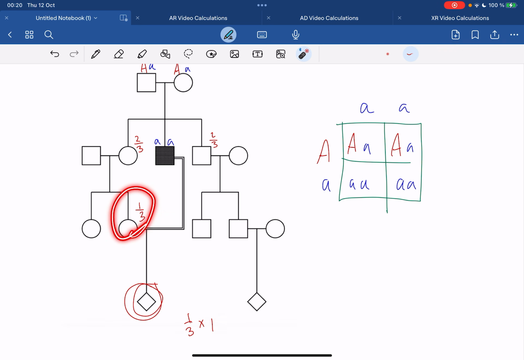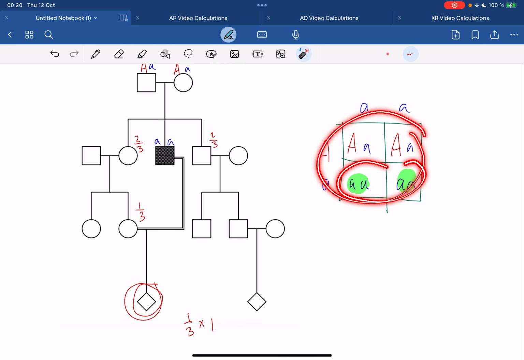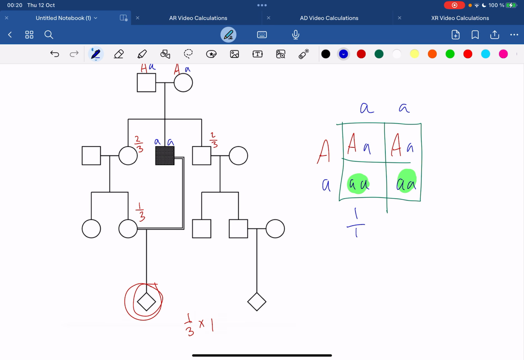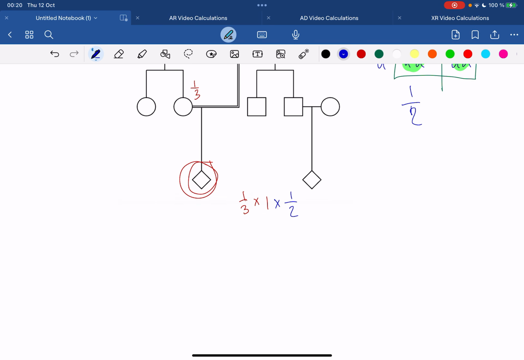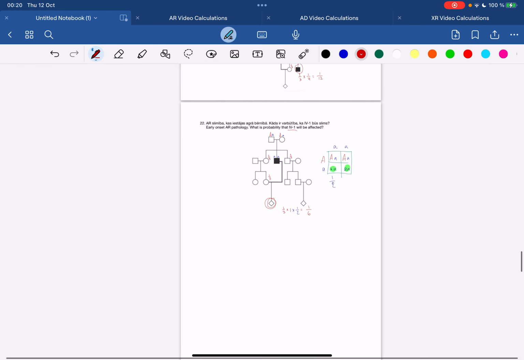So it's up to the mother to see if she will give the recessive gene to the child or the dominant gene. In this case, for this child to be affected, which means they have to have both recessive genes, that's 2/4 or 1/2. So in our case it would be times 1/2. That is equal to 1/6.